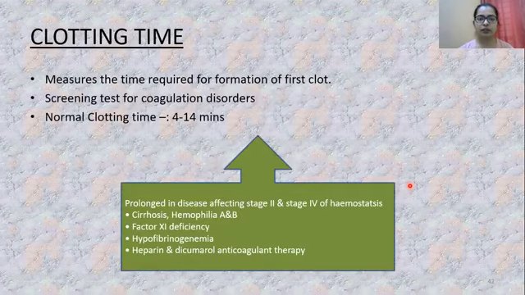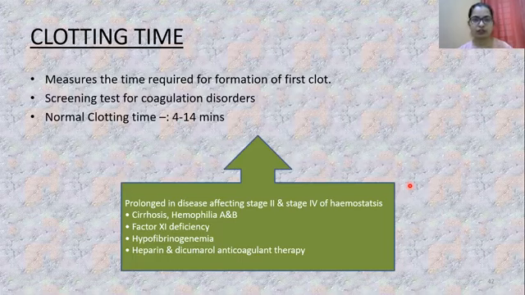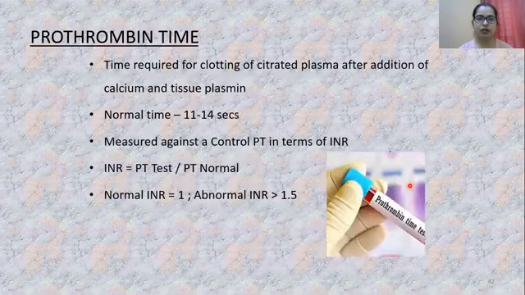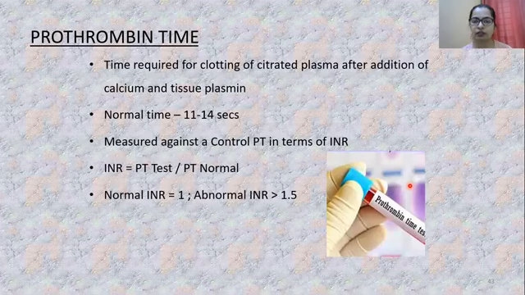Then clotting time. Before starting any type of surgical therapy, we should have these tests done in order to see the bleeding and the coagulation time for the patient, and to avoid any type of complications during and after the treatment.